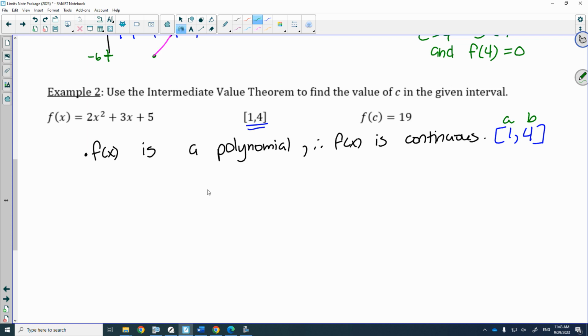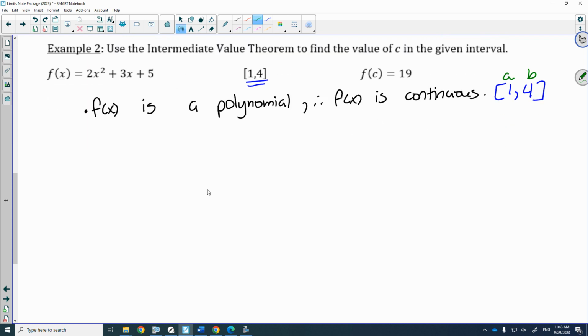Okay, the second step is we always want to calculate what those 2 points are. So we want to calculate what f of 1 is and what f of 4 is. So f of 1 will be just 2 plus 3 plus 5. So what would f of 1 be? 10, yeah. So 2 plus 3 plus 5 is 10.